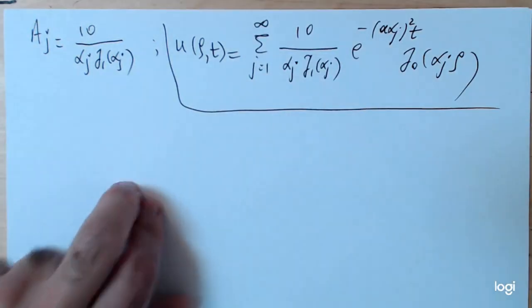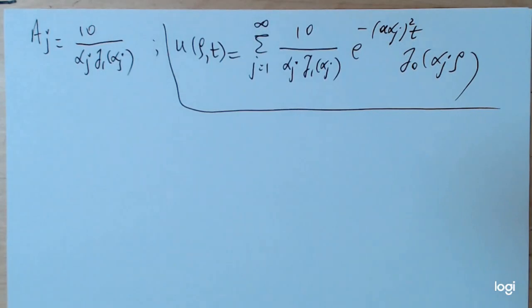So for those of you who deal with Bessel function for the first time, to say that this is the solution of the problem kind of looks strange, because you end up with lots of variables basically, right?